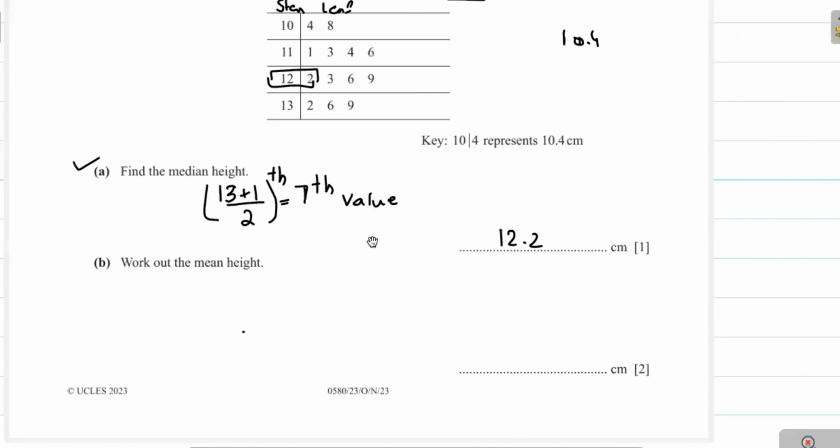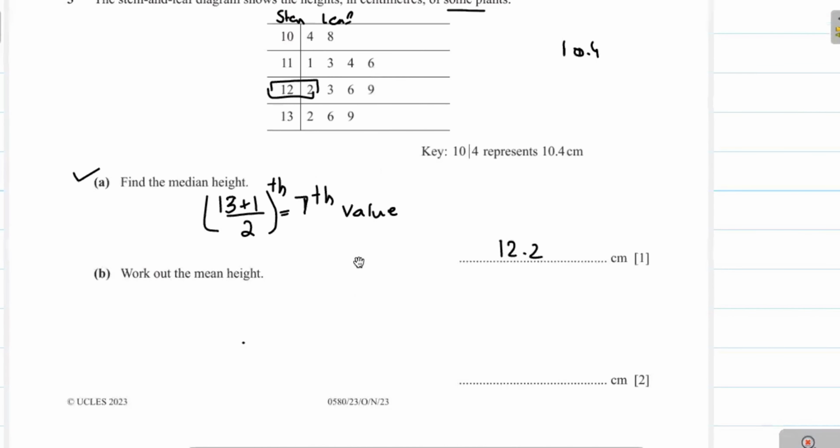Next is, work out the mean height. To calculate the mean, the formula is mean height is equal to the sum of values divided by the total number of values. You see here, the first value is 10.4, next is 10.8, and the other values follow.